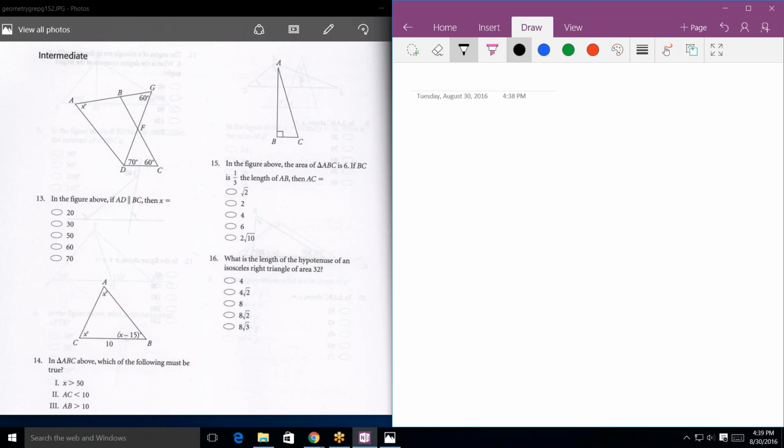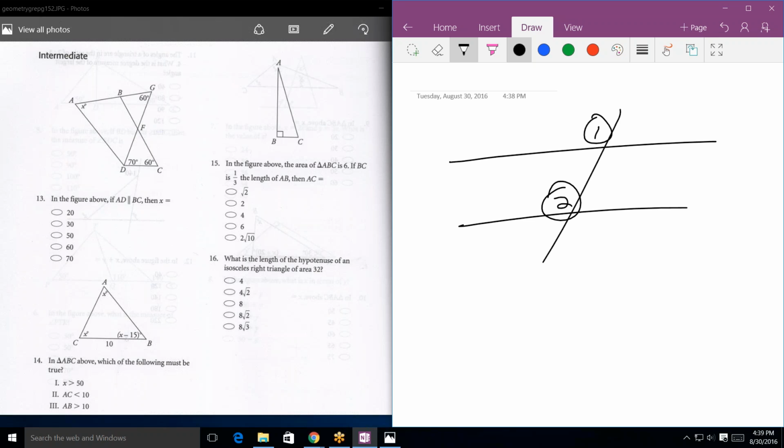That parallel thing works in both directions. If I tell you that angle 1 is equal to this angle down here too, then that says that's parallel to that. It's a theorem and its corollary.